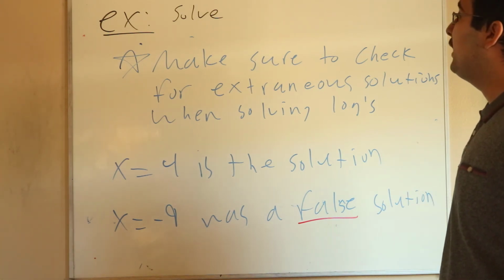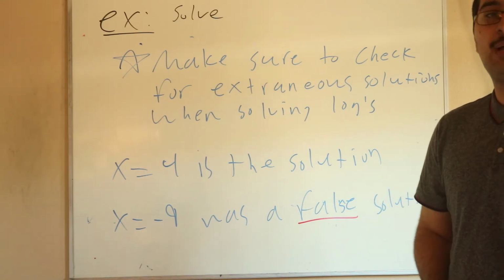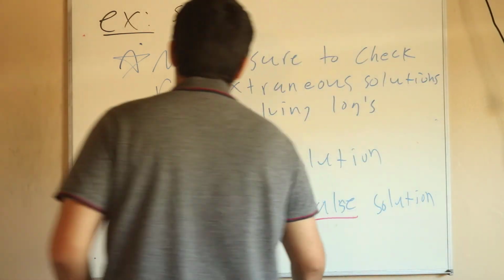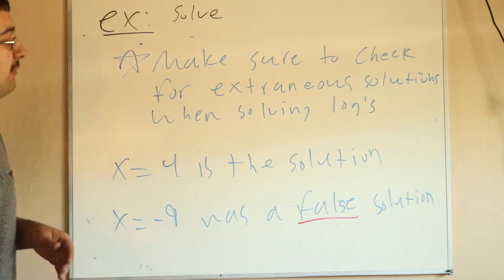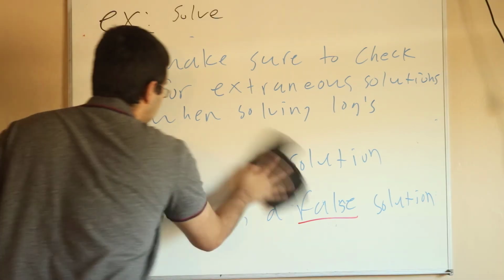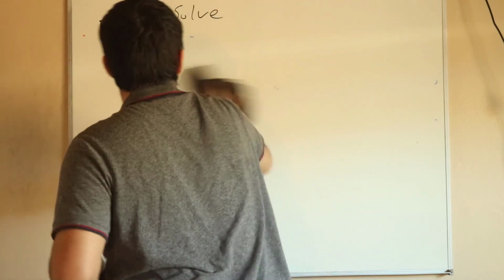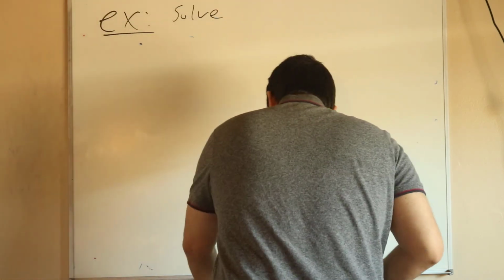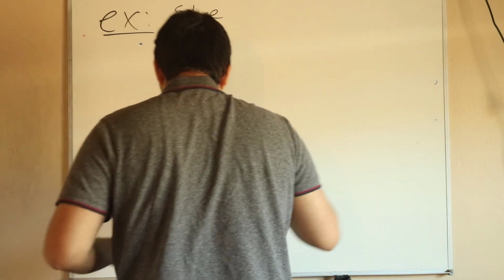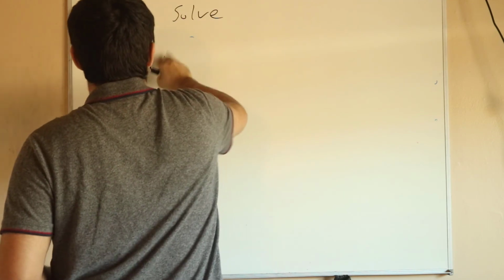So with that out of the way, that was a pretty important example, so let's have you guys do a very similar example. Have you guys take a crack at it. So go and take a moment now to pause the video and get this all copied down, then we'll have you give it a shot. So pause now. Alright, so for you guys, go ahead and consider the following equation.